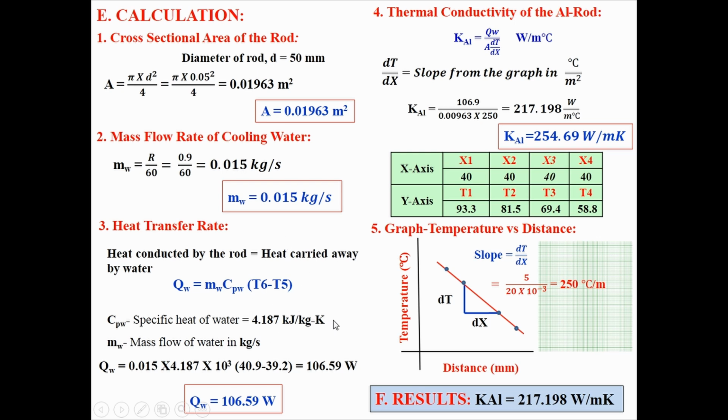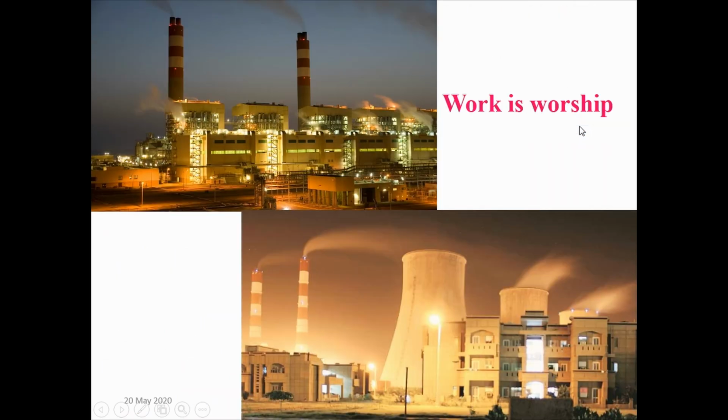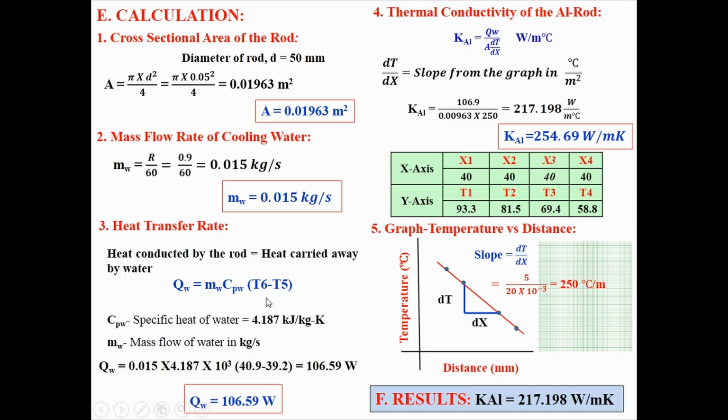Now T6 and T5 you have already taken from the temperature indicator. Substitute here, and you will get the heat carried by the water. Now I got heat carried by water equal to 106.59 watt. Okay, this is over.